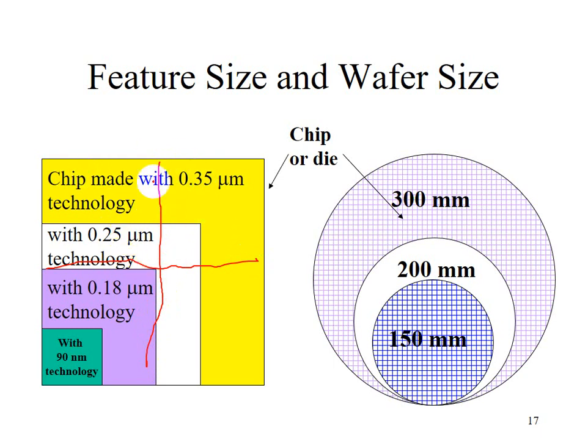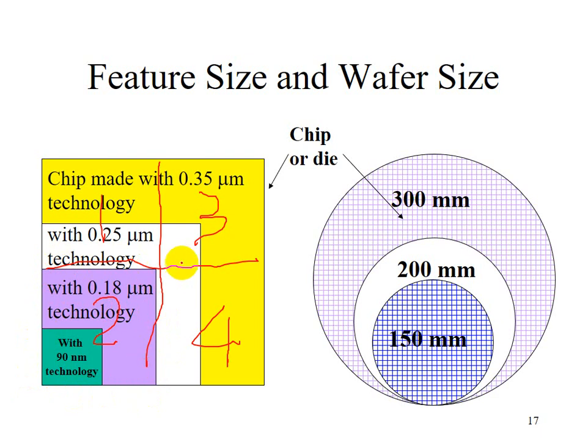Initially you have 0.35 micron, so you have the entire area as only one single chip. But if you can use 0.18 technology, you can come up with the size like the purple, like so. You can fit 1, 2, 3, 4. If you reduce the feature size in half, you basically can reduce the size of the chip to 1/4.